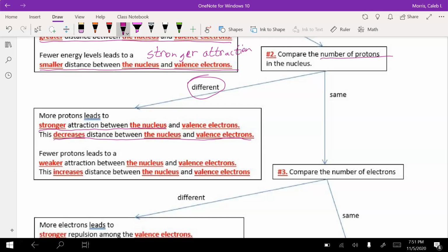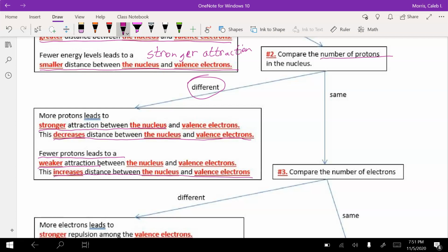If we have fewer protons, that leads to a weaker attraction between the nucleus and the valence electrons. So fewer protons, it means that there's not as strong of an attraction between those electrons on the outside and the protons in the middle. You've got a smaller positive charge attracting those outer electrons. And that increases the distance between the nucleus and the valence electrons.